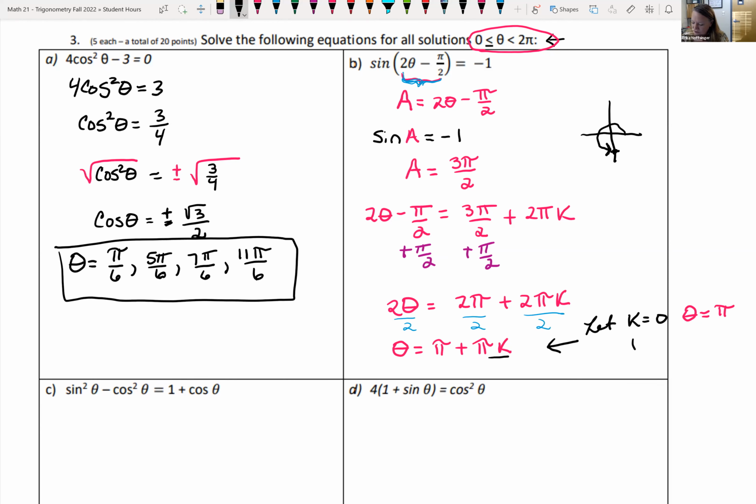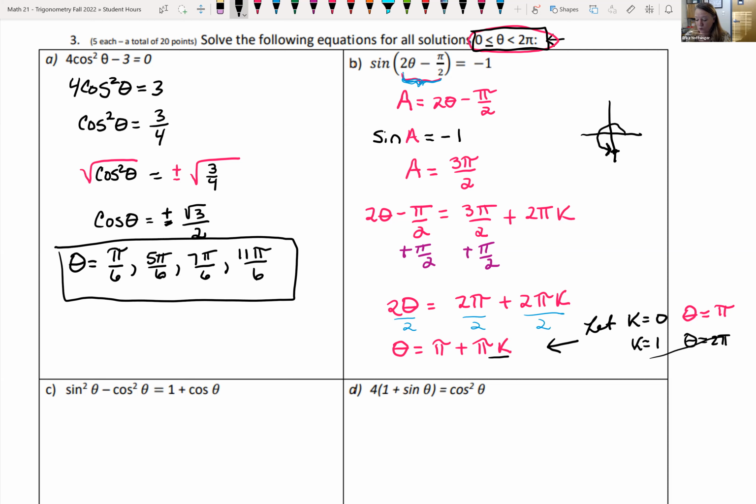If we let k equal 1, we have pi plus pi times 1 is pi, so pi plus pi is 2pi. 2pi does not fall in this interval because the inequality doesn't have the equal to part on it. And so this would be theta equals 2pi, but that's not in our interval, so we wouldn't look at this.